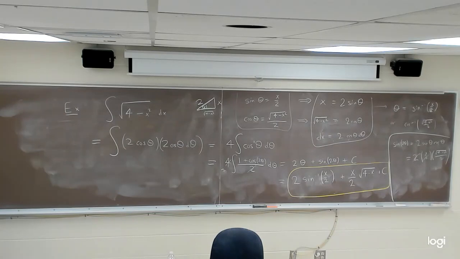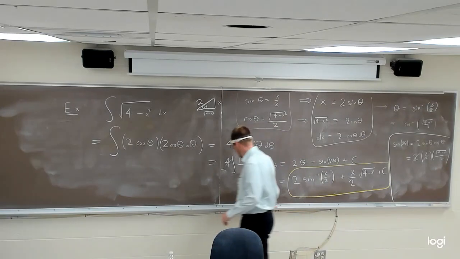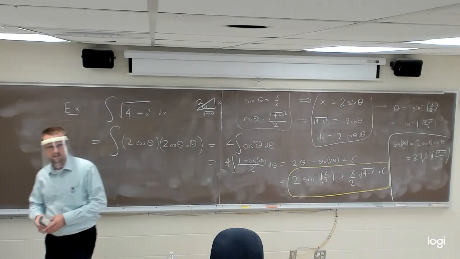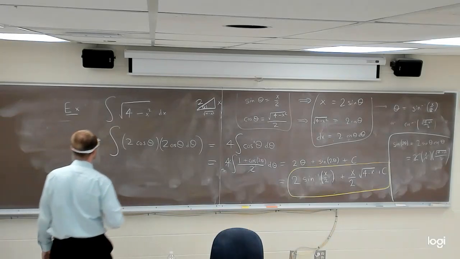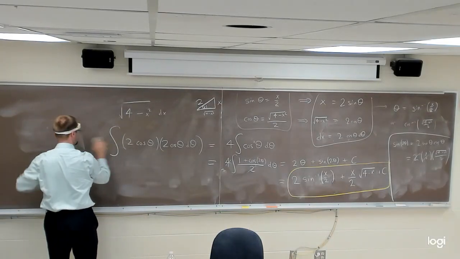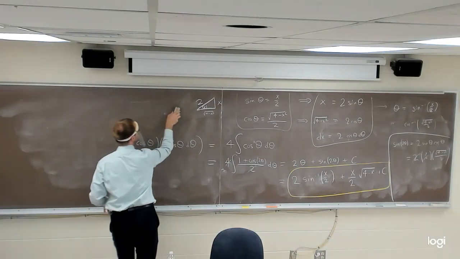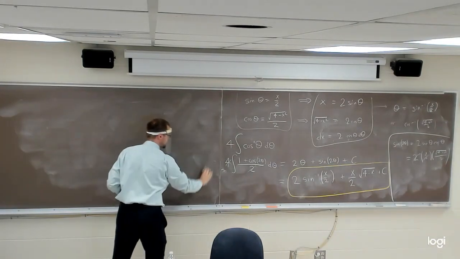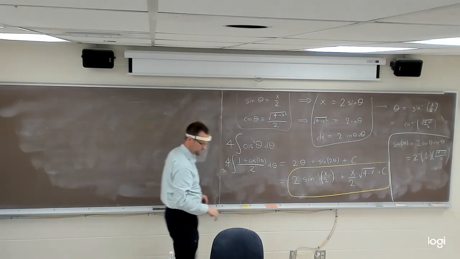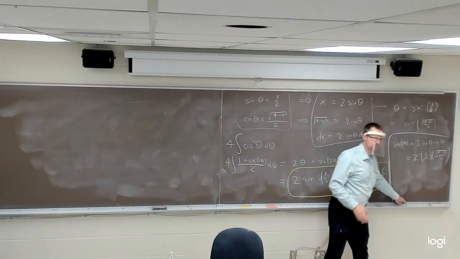So that's the integral of square root 4 minus x squared. All right, so I had 4 minus x squared.